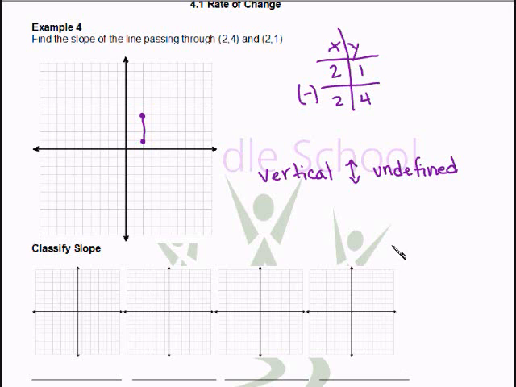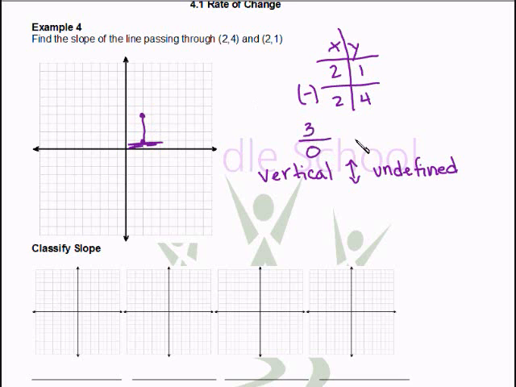So if you notice, on my x value, I don't go anywhere to get to this. I don't go anywhere to get to this point up top. Okay, so what I'm going to have to do is my x value is going to be 0, and I'm moving up 1, 2, 3 spaces.